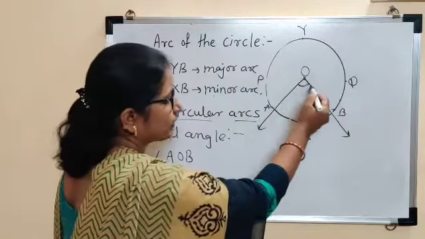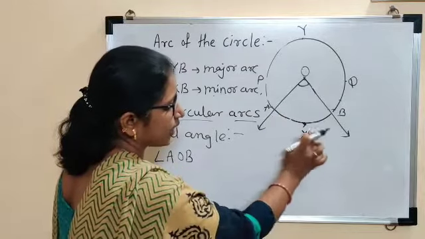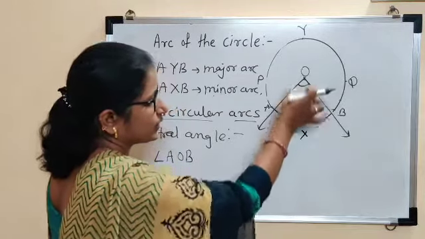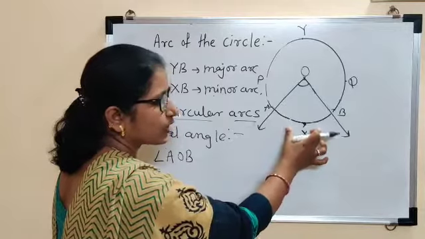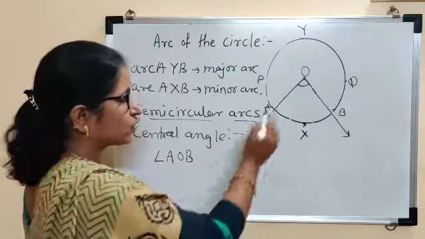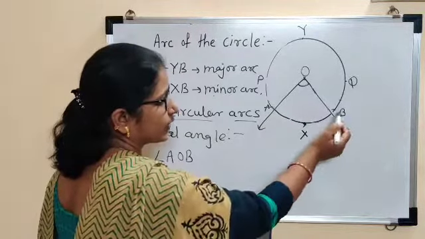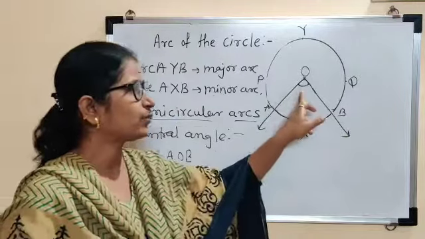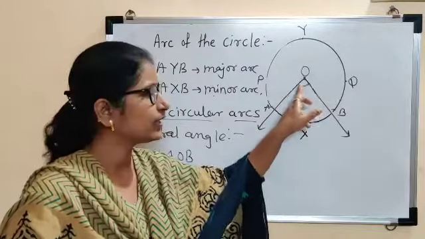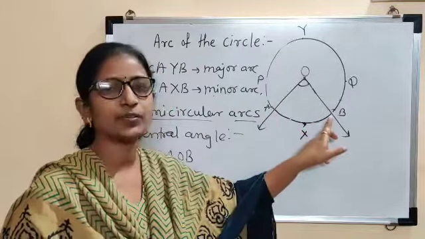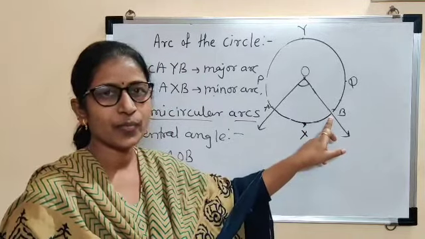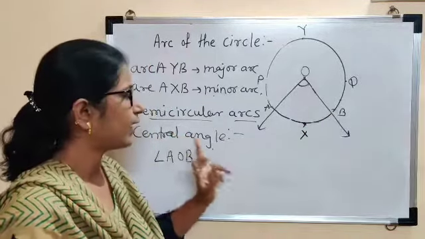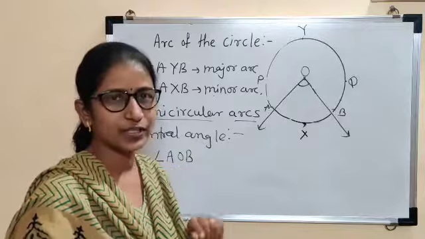And in which arc is it subtended? See, this angle belongs to the arc AXB, so it is subtended by the arc AXB. And whatever the measure of the central angle is, it is equal to this subtended arc.